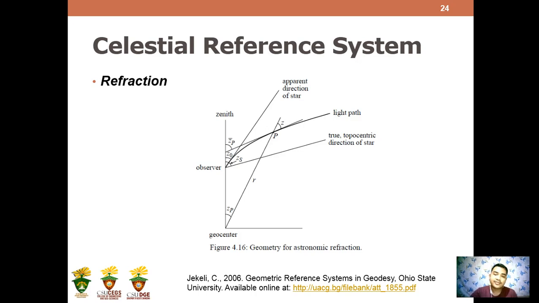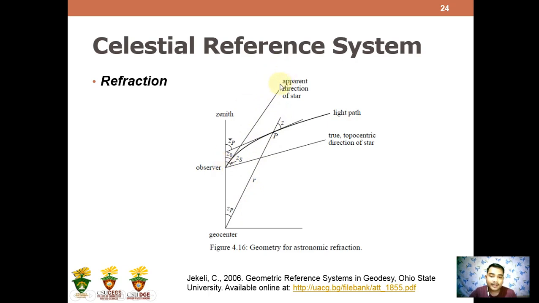So this is the illustration for refraction. This is really the light path, but because it passed through another medium, which is Earth's atmosphere, the deviation happens.